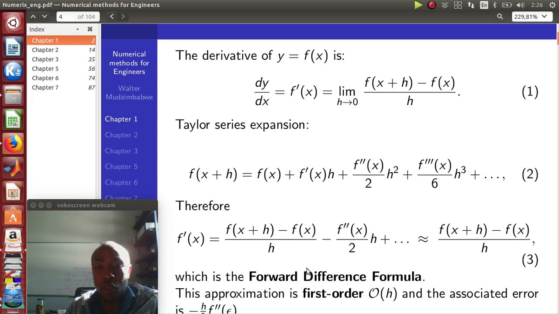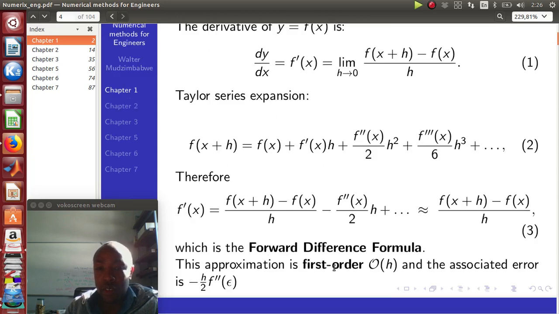Since we have removed this term, it is now an approximation. So this term will approximate this, which is what we have in equation 3. This formula for approximating the first derivative is called the forward difference formula.